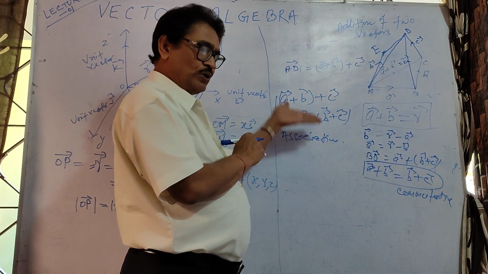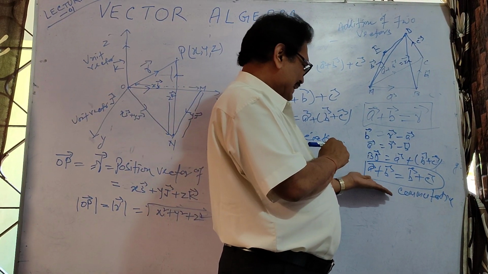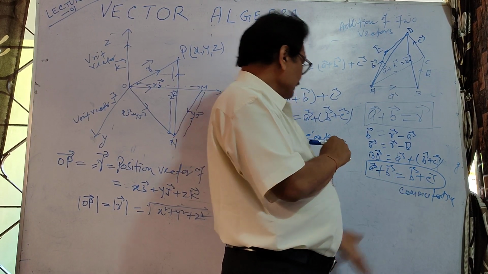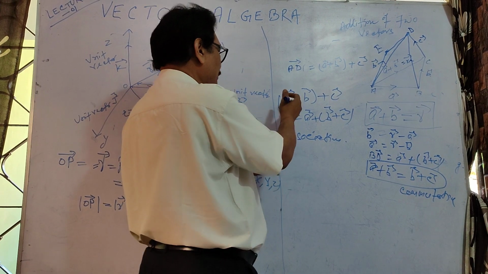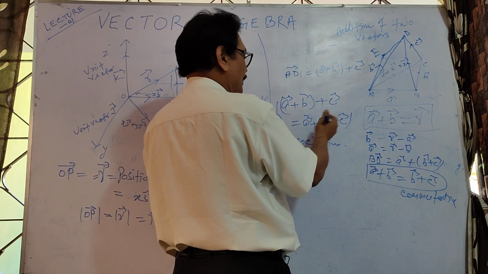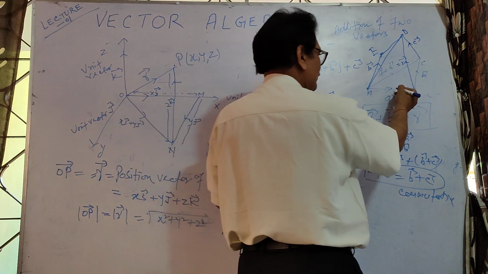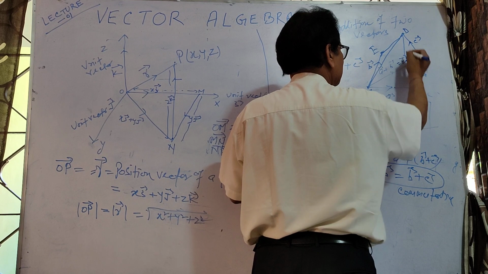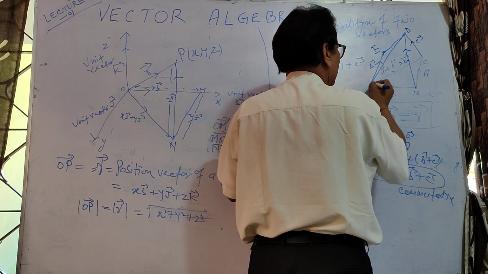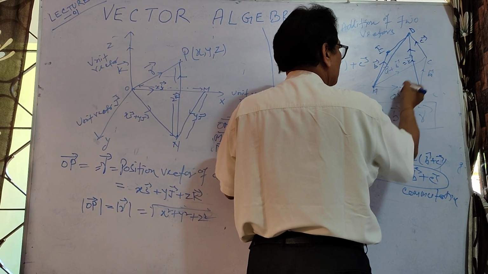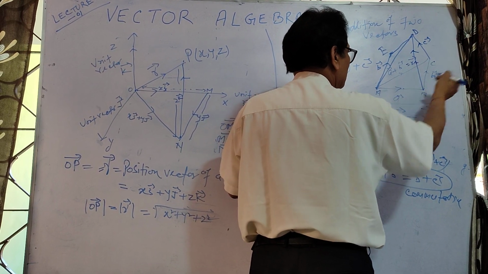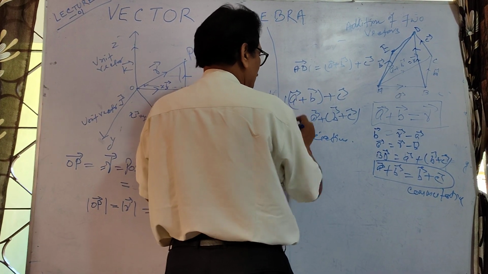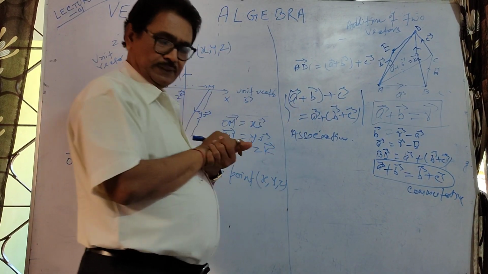So in general, in the laws of addition we will study that A plus B is equal to B plus A. And similarly in the associative property, A plus B plus C. If this one is only A, and this is B and C, this addition of B and C is equal to this much. So this is the result for the associative property.